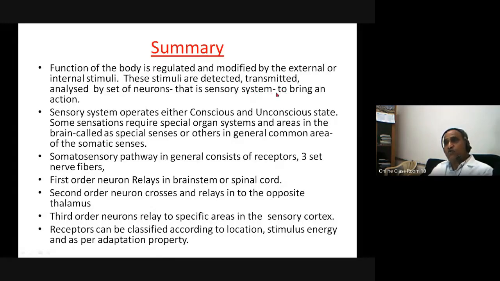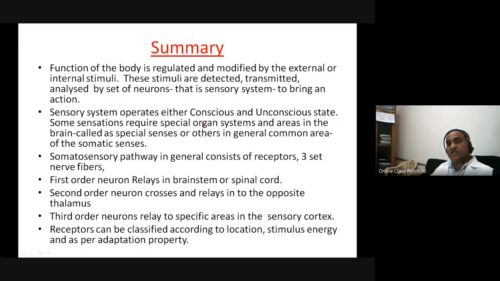This brings a response according to the requirement or the stimulus. The sensory system operates either at a conscious level or at an unconscious state. That means sometimes, in the unconscious state, our blood pressure is continuously monitored, or our blood gases are monitored.